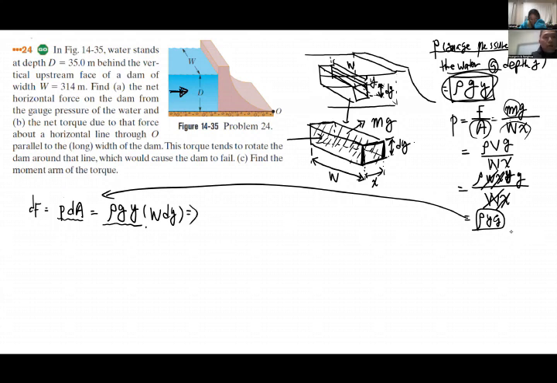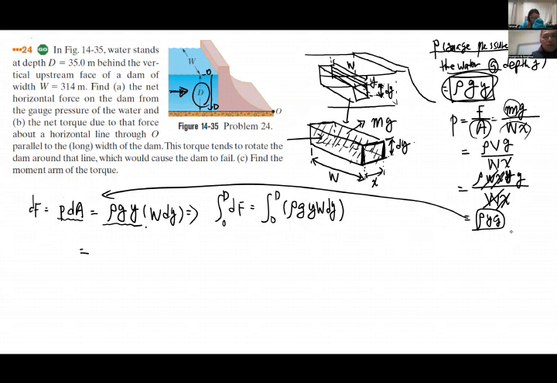So now what you have to do is integrate this force from 0 to d, because the total depth of this water is d, right? So you integrate dF from 0 at the surface down to d. Plug rho g y W dy into this formula, so the force is the integral of rho g y W dy from 0 to d.